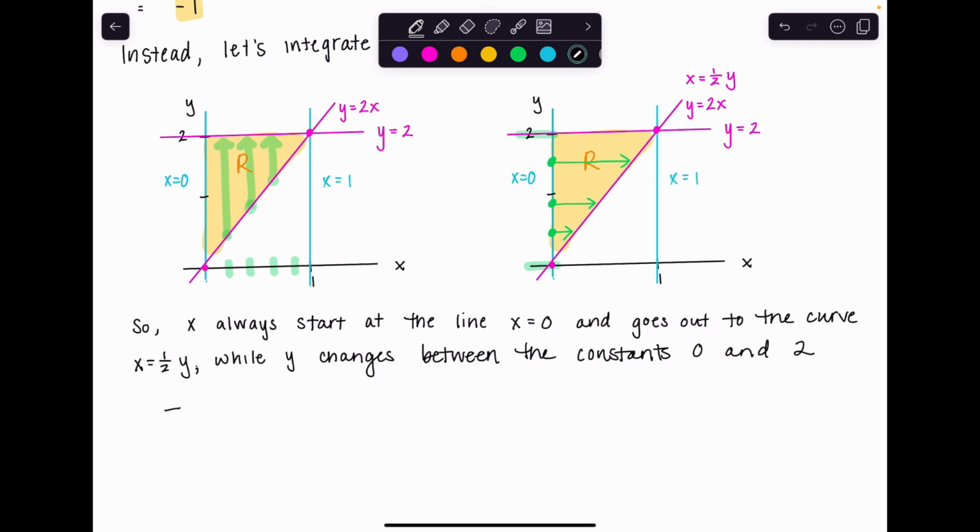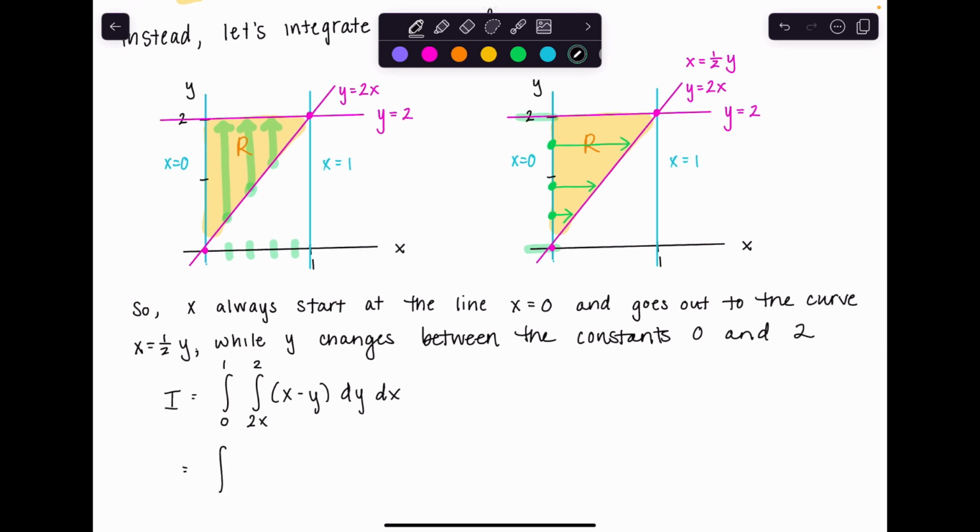So our integral, which originally was from 0 to 1 of 2x to 2 of x minus y dy dx, if I want to switch this order and ignore the bounds, and I want to do x first, then y. This outermost is again the constants. So y changes between the constants 0 and 2, because I don't want any variables in the end.